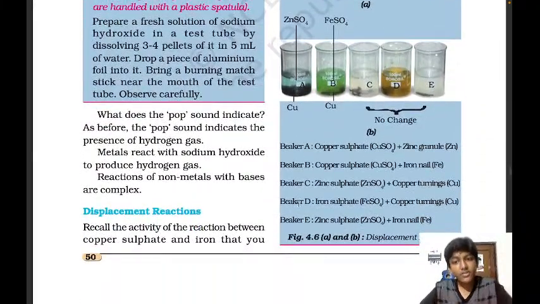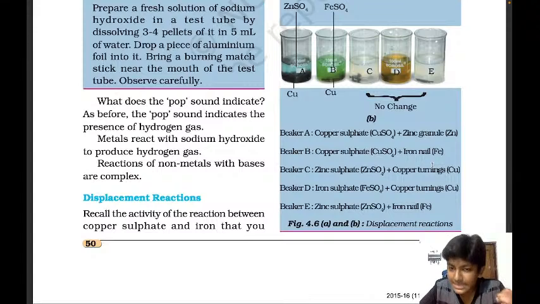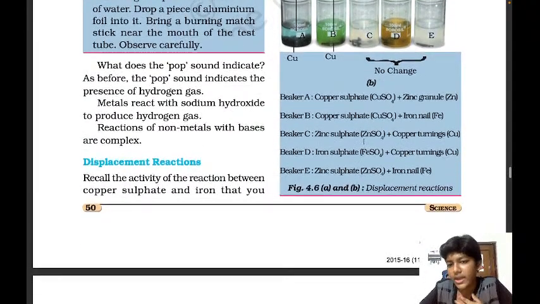So in beaker A we have copper sulfate plus zinc granule, so we'll get zinc sulfate. Then we have copper sulfate plus iron nail, so we'll get FeSO4 because I believe that iron is more reactive. Zinc sulfate plus copper, so we'll get no reaction. This is very important, guys.